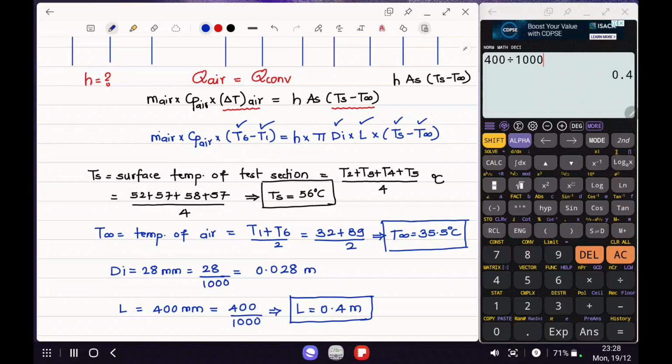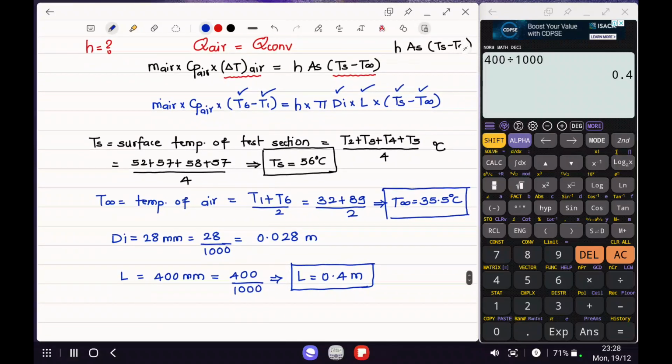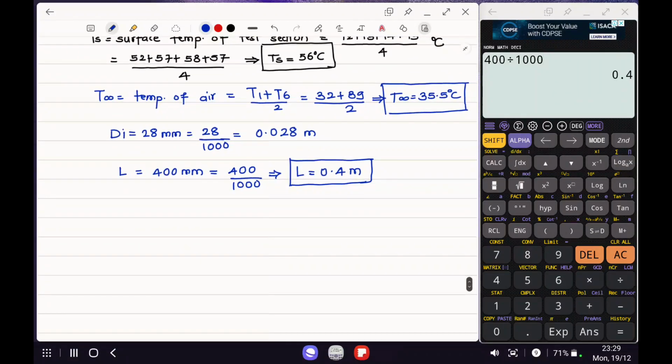Cp of air, we know that we can obtain from the data table, or we can simply take it as 1.005 kilojoule per kg Kelvin, or we can also go for the interpolation. Presently the temperature range is not much, that's why we can take Cp of air as 1.005 kilojoule per kg Kelvin. But remember, heat transfer will be in watt.